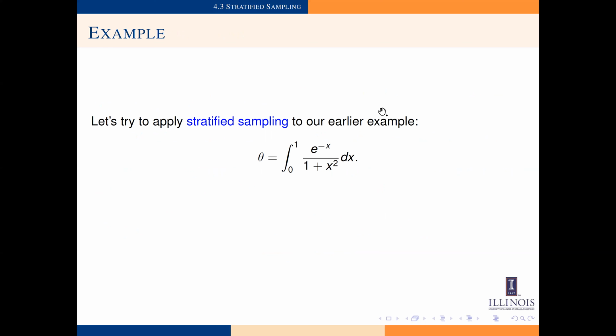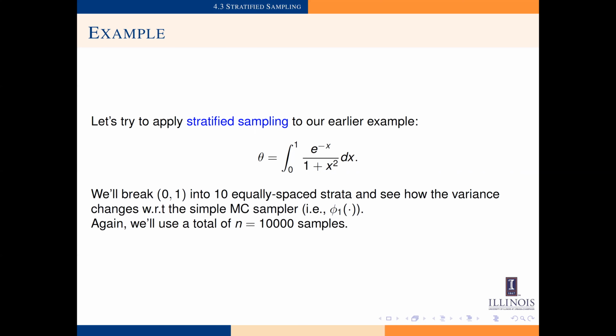Let's see an example of stratified sampler with our earlier integral that we tried to estimate. So again, theta is equal to the integral from 0 to 1 of this thing dx. I'm not going to read it again.